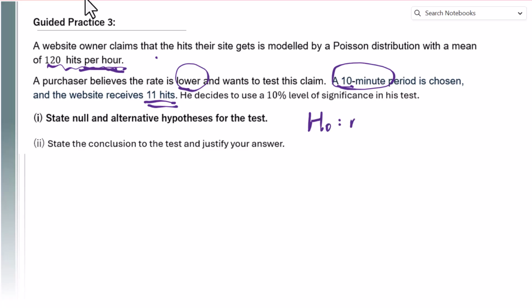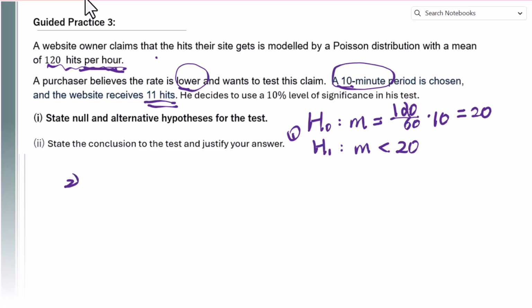H0: M equals 120 divided by 60, then times 10, equals 20. H1: M less than 20.